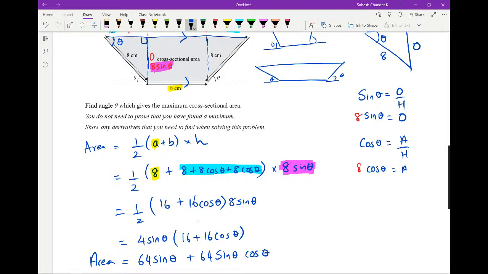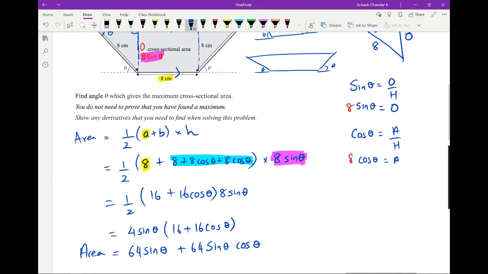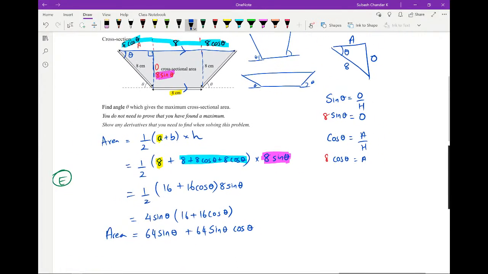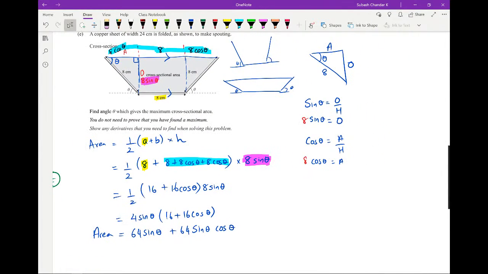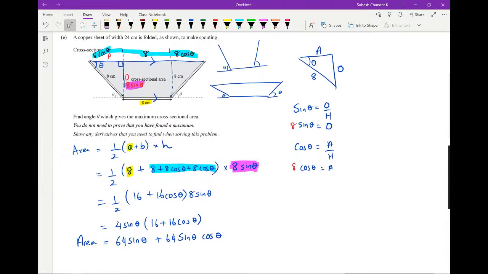Now from here, what these guys in the answer schedule did was, because they saw sine theta cos theta, they actually used double angles. Using double angles definitely makes it easier, but let's assume that some of you guys might not see it as a double angle. Do you guys want me to show you the long method, or are you happy for me to use a double angle?